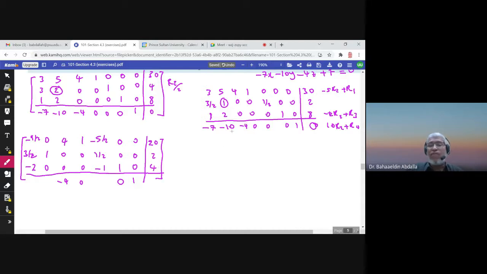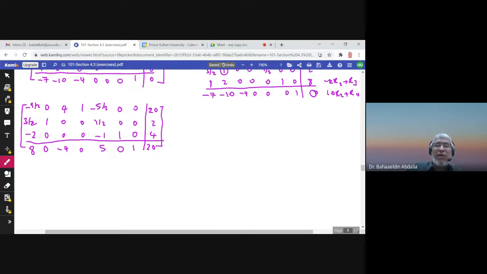The last row, I multiply row 2, sorry. 10 times 3 over 2, that's 15, minus 7 is 8. 10 times 1 plus negative 10 is 0. 10 times half is 5. 10 times 2 is 20 plus 0, so that's 20.